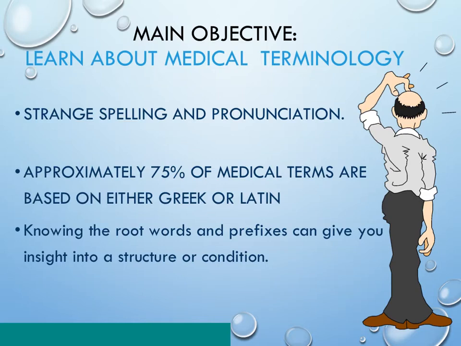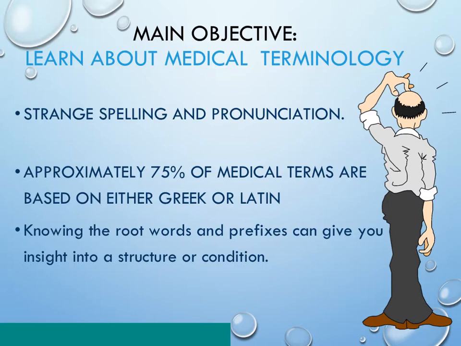So a lot of the words you might come across will seem kind of weird. They might have a weird spelling or pronunciation. It is going to be very important that you spell things correctly, because if these were being used in a medical setting, a clinical setting, that spelling could make a serious difference in a patient's treatment.